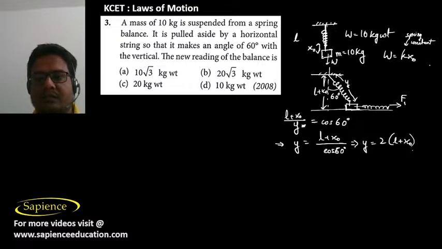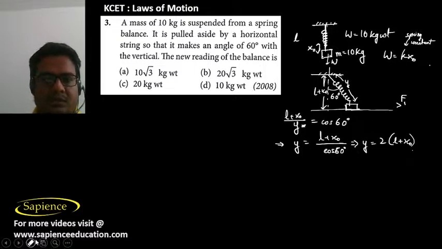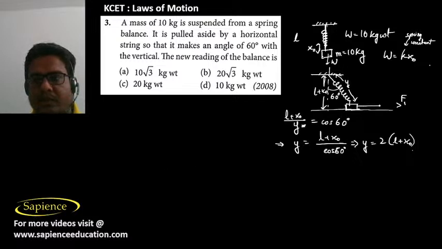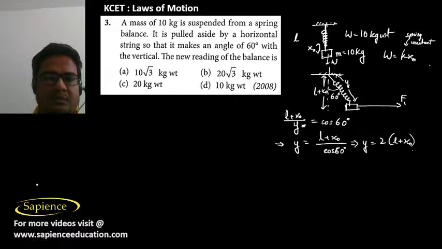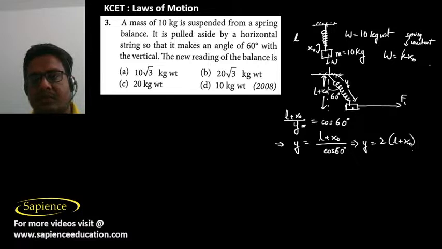The new reading: the mass is not pulled by a spring alone, it is pulled by a horizontal string with some force F. It is not placed horizontally. So we can say that the downward force is the weight, and this is F1.